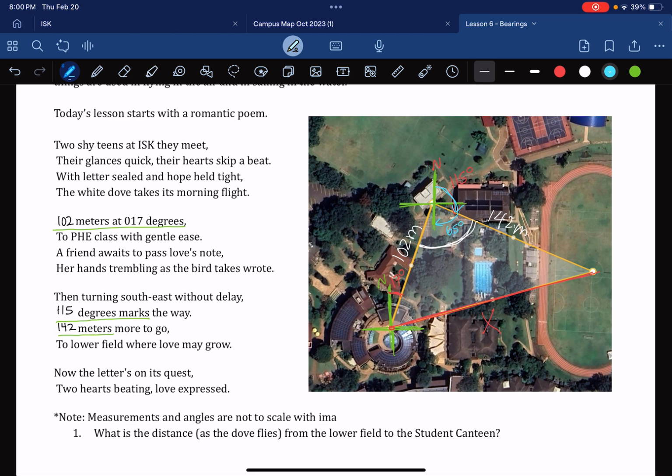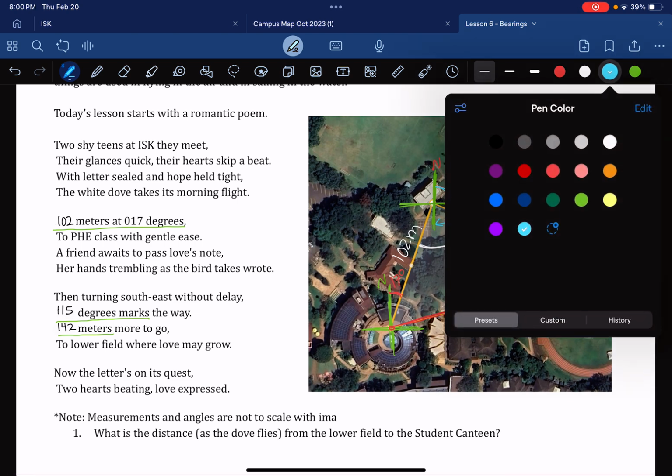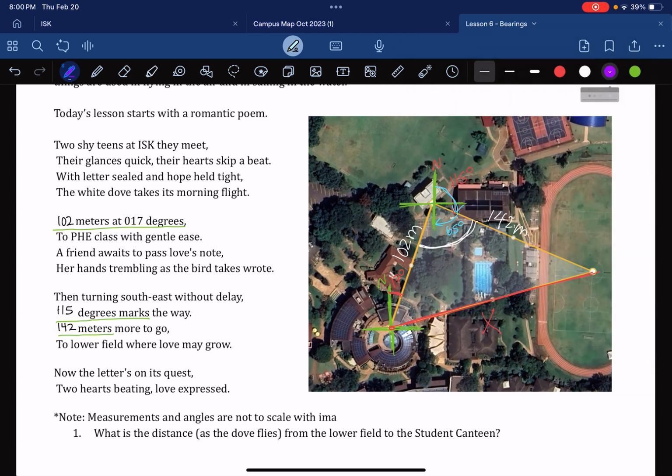Now here's the other part, and this comes up a lot in these bearing questions: because my north-south line and this north-south line are going in the same direction, that means that those two lines are parallel. I am then cutting that parallel line by this transversal, okay?